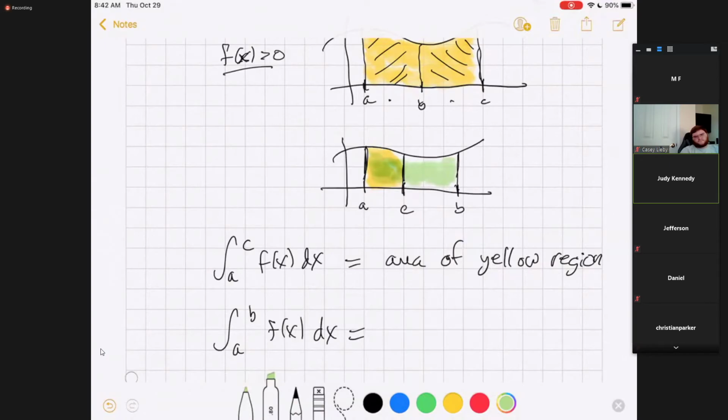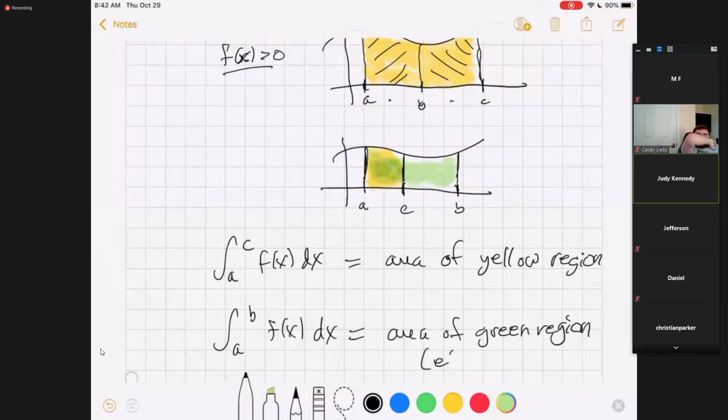This would be the area of the green region, which is the entire region under the curve.